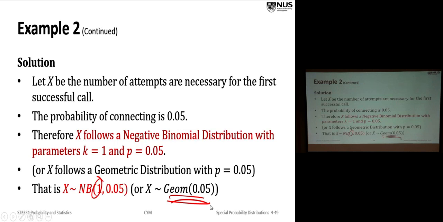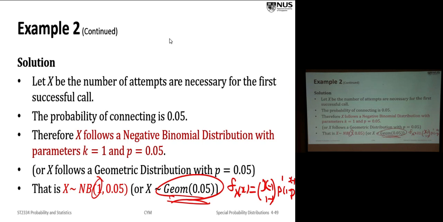Now, here maybe you can try this one. When x is geometric, it means that f of x equals the negative binomial with k equal to 1. All right. So you have x minus 1, choose 1 minus 1, and then p to the power 1, and then 1 minus p to the power x minus 1.